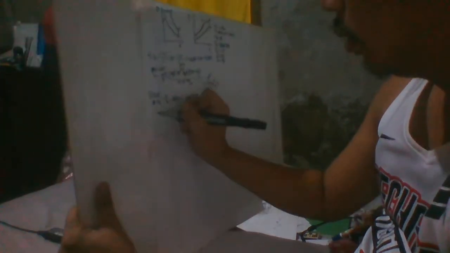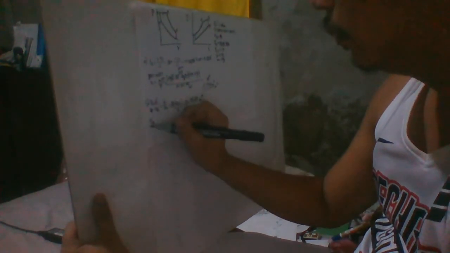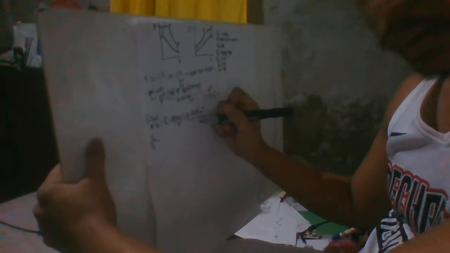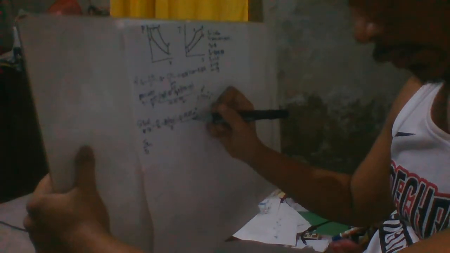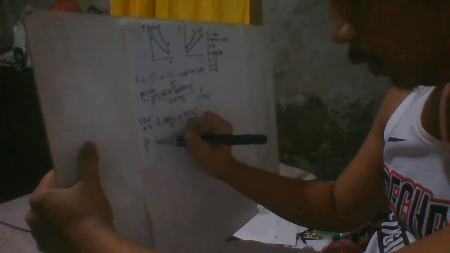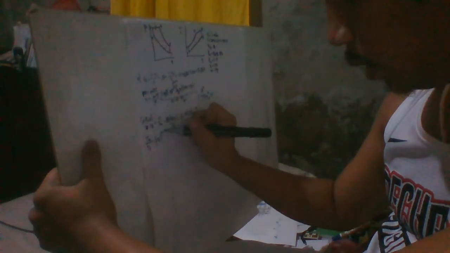Next, we will look for temperature 2. By the relationship studied in thermodynamics, temperature 2 is equal to T1 times the compression ratio raised to K minus 1.